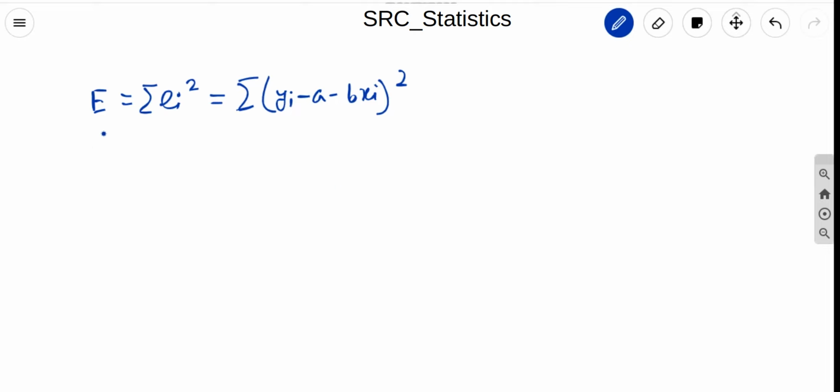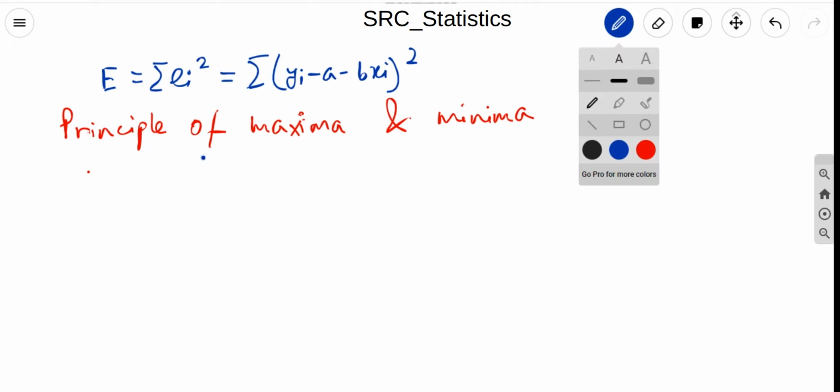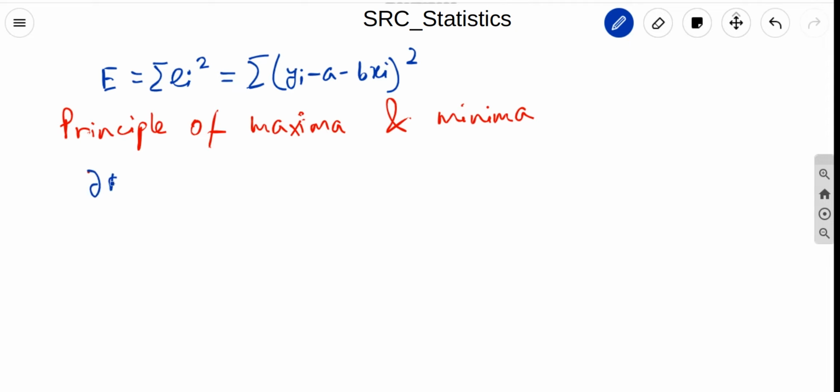Suppose E equal to summation ei square. By the principle of maxima and minima, we have to differentiate E with respect to a and put it equal to 0, and differentiate E with respect to b and put it equal to 0.